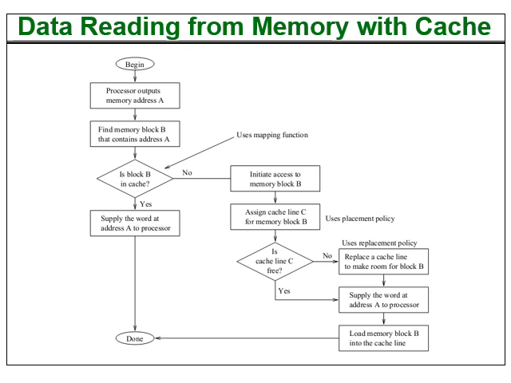Now, there are two basic issues that are related to using a cache memory, right? Say, begin. The processor outputs the memory address A. Once again, I want you to note it down. The CPU will always generate the memory address of the larger memory. This is a very important point.